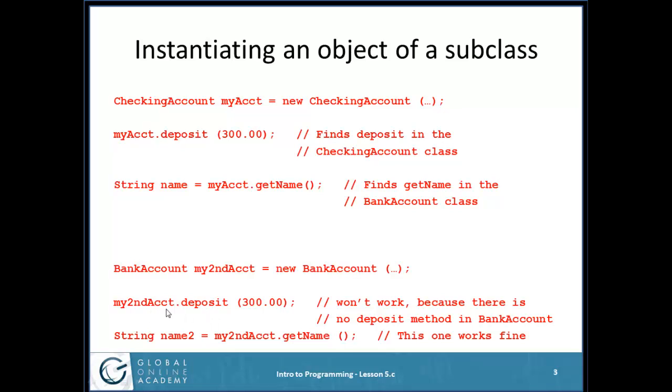So if I do mySecondAccount.deposit($300), this won't work. Eclipse is going to put red marks all over your code and say, no, there's no deposit method available for you. You can't do this. However, you could do a getName, because remember, getName was implemented up at the BankAccount level. So this one would work just fine.